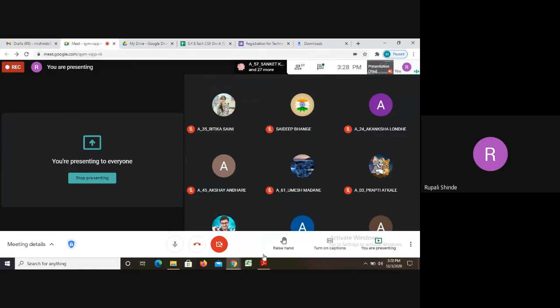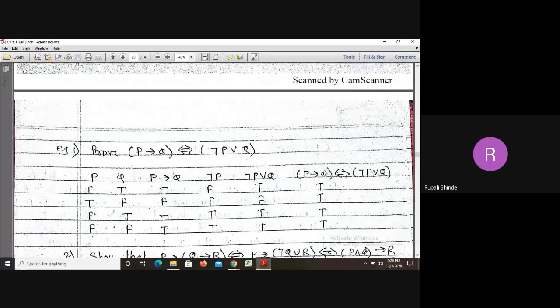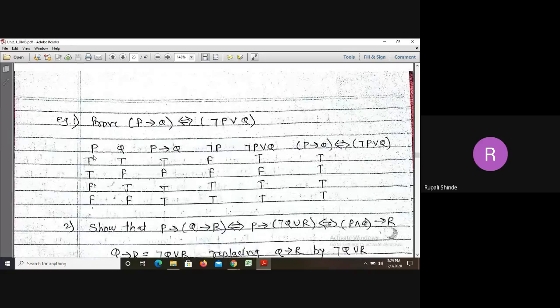So how can we prove it? We have to take the biconditional between these two formulas, P conditional Q and negation P or Q. If this biconditional comes true, then we can say that these two formulas are equivalent. So check here, values of P: T, T, F, F; values of Q: T, F, T, F. Then the value for P conditional Q. What is the rule for the conditional?